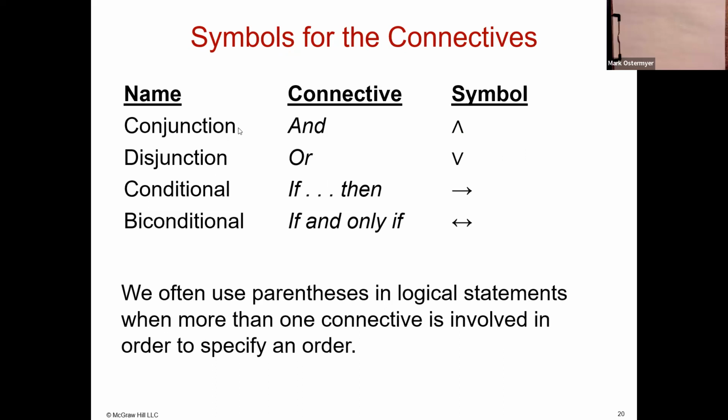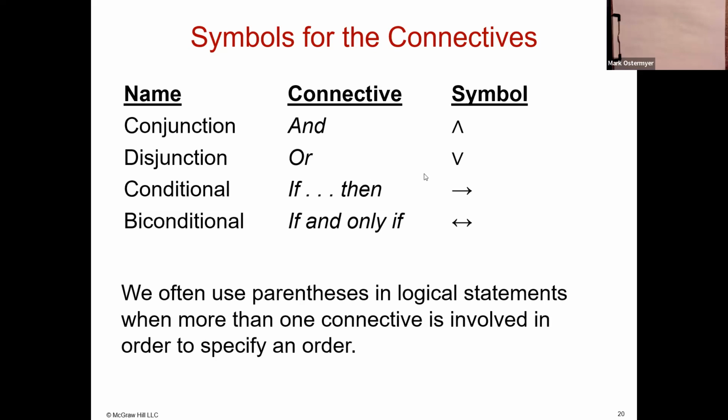Remember we indicated that earlier? Symbolically to represent the word and, we use this little teepee symbol. You see that there? That's the symbol that represents the word and. Call it a teepee or a hat or whatever you want.